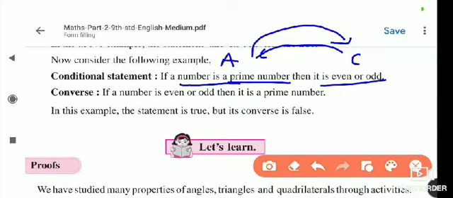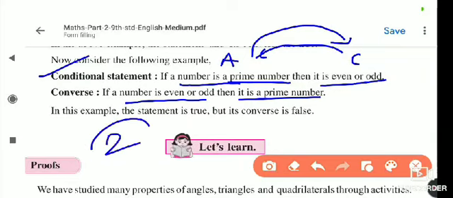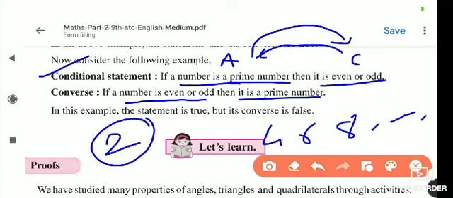So if a number is even or odd, then it is prime. For this conditional statement, the statement is correct, but for the converse, as you know, only one even number is prime, and that is 2. So this statement is false for 4, 6, 8 and all other numbers, and that's why the converse is not true.